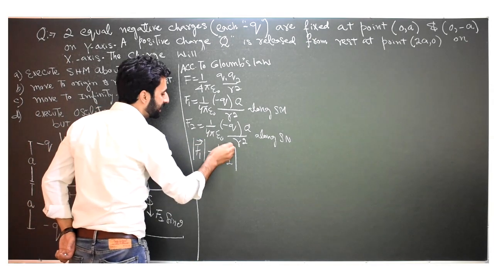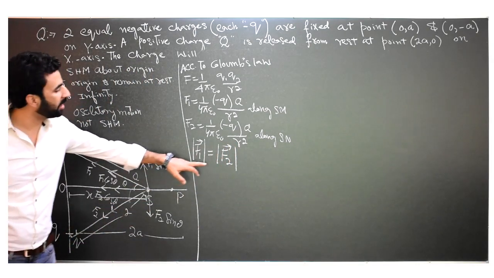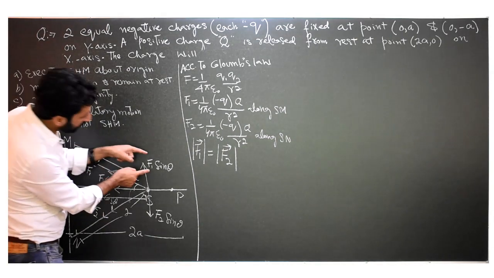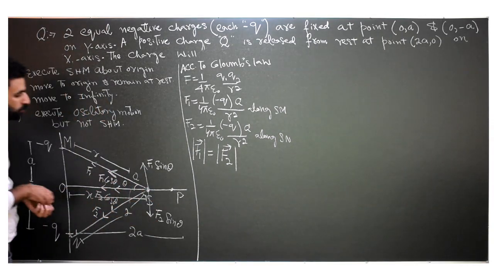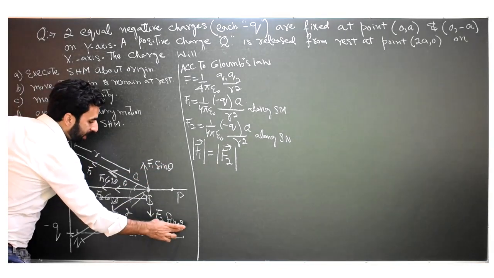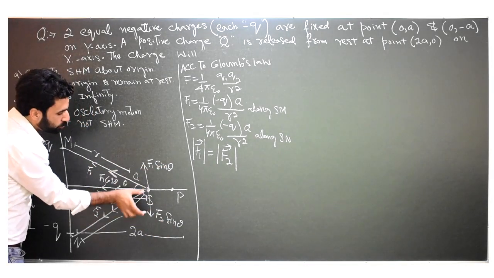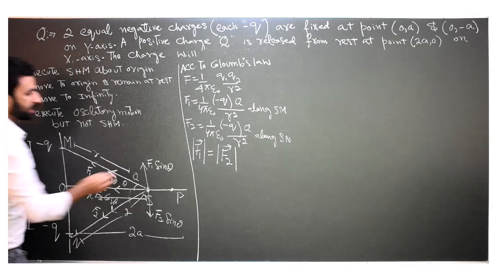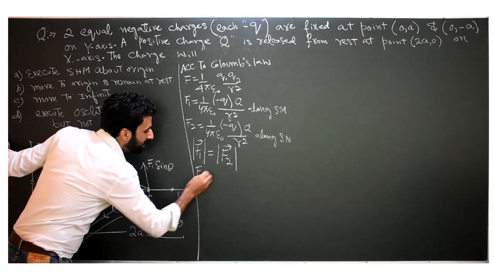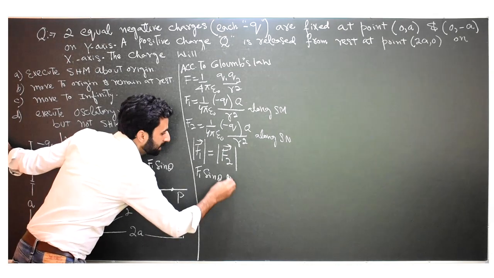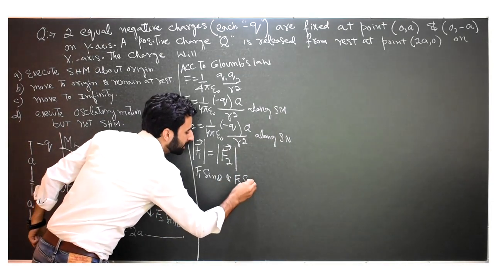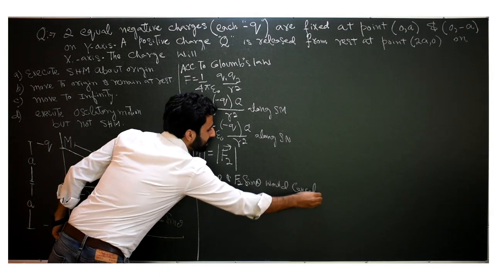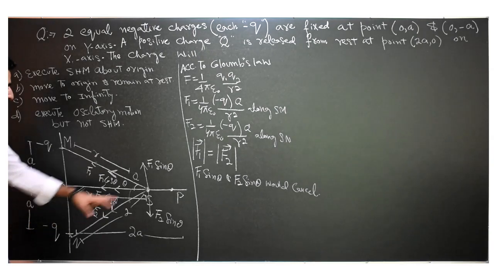We can show the vector notation here as well. F1 and F2 are the same in magnitude, but obviously the direction is different. So F1 sine theta and F2 sine theta, since they are equal in magnitude but opposite in direction, would cancel. So the sine components would cancel.